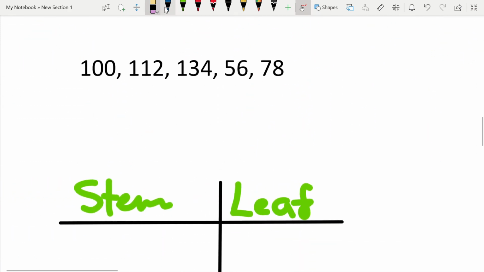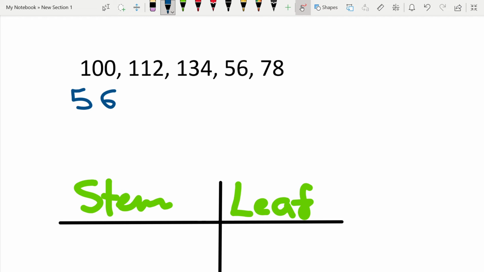Now here we have got 100. What do we do if we've got 100 in there? So we've got 100, 112, 134, 56, and 78. Now the one between 50 to 60, we've got 56 over there. Then we've got 60 to 70, we've got none, so we write nothing.